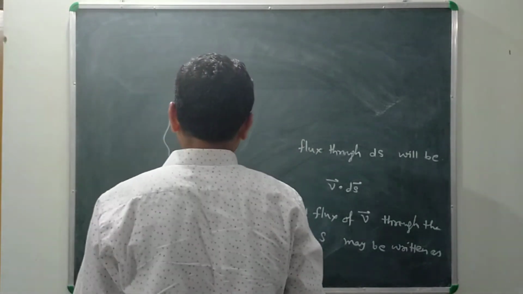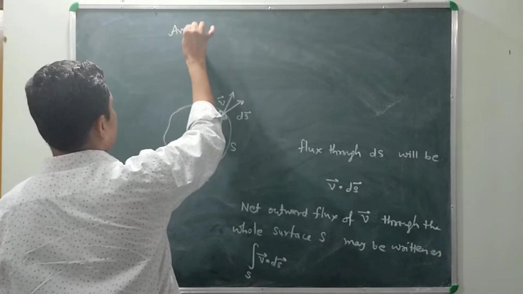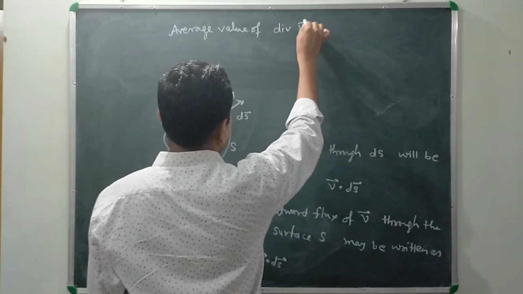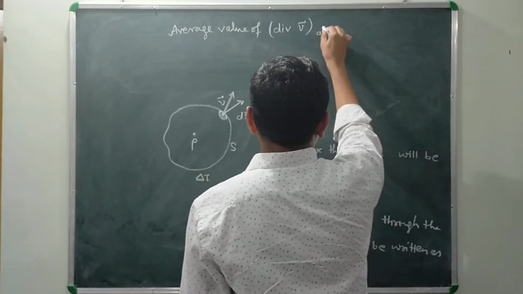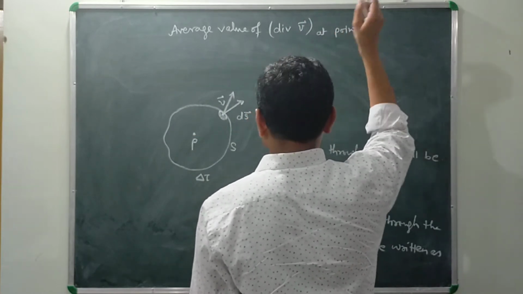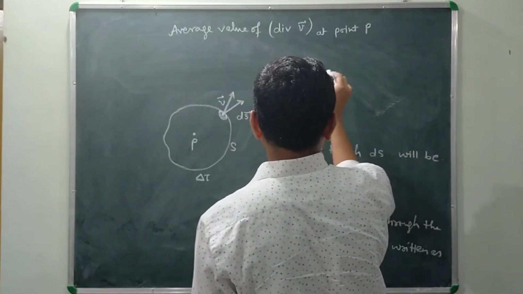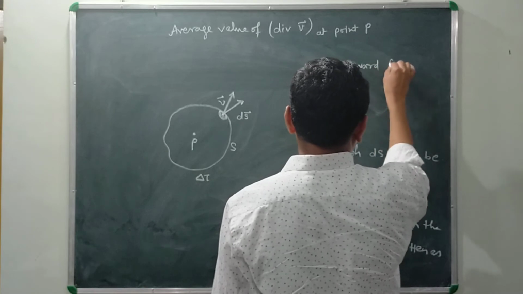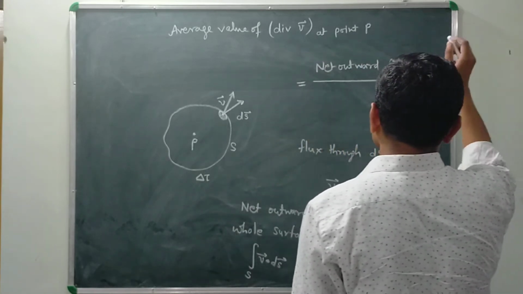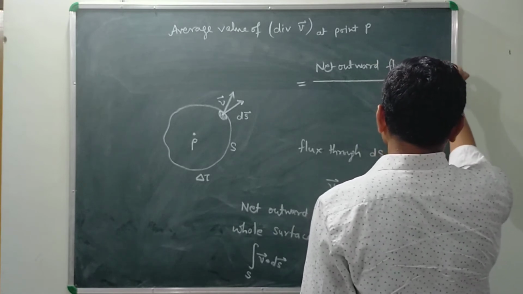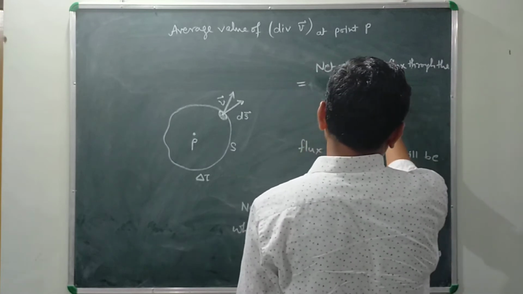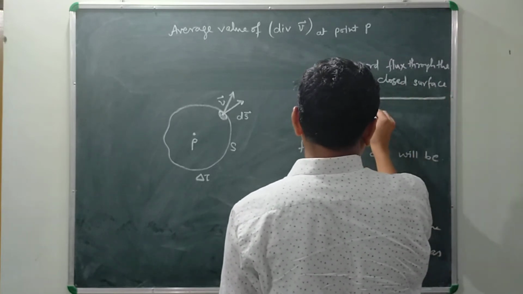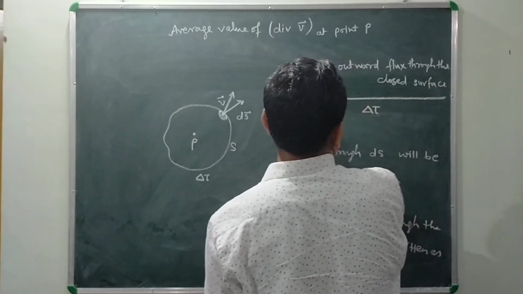Now the average value of divergence of vector V at point P may be written as the net outward flux through the closed surface divided by the volume of the closed surface.